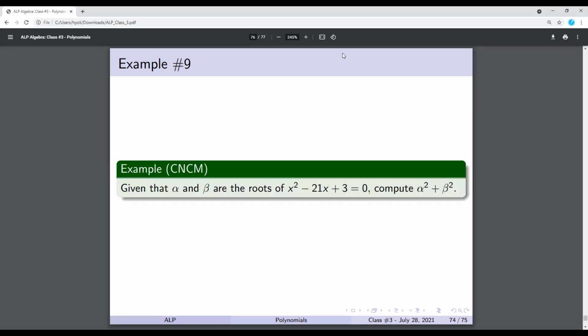So if we multiply these two new polynomials together, we get x to the 4th minus 435 x squared plus 9 equals 0. And our desired result is 435. It's basically the sum of the roots, which were a squared and b squared. And we are done.